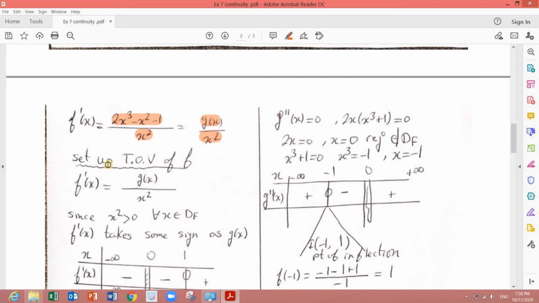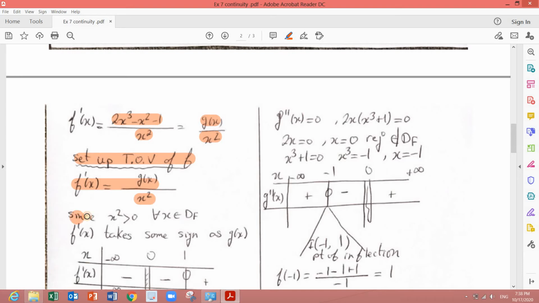Now it is required to set up the table of variations. So always we have to solve f prime x equal to 0. Here f prime x equals g x over x squared.